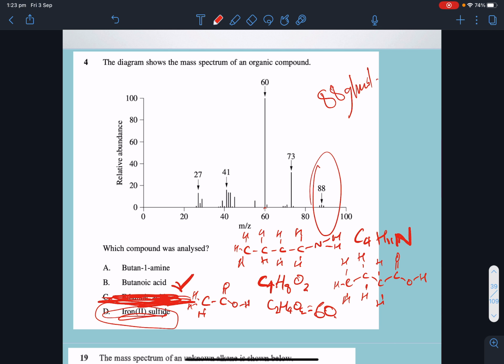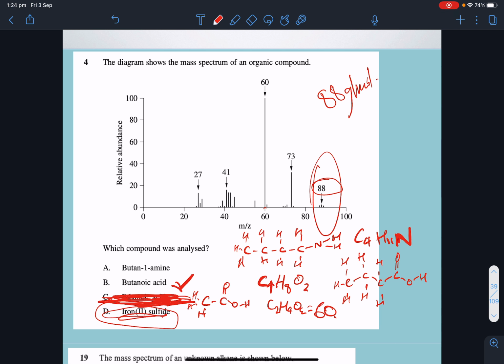Notice here, we're going to get an odd molar mass. And that can be quite a telling thing. For the parent ion, if your parent ion is an odd number, it's a good hint that there's a nitrogen in there for us.